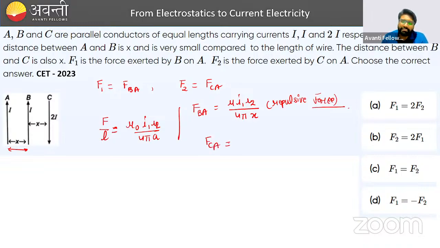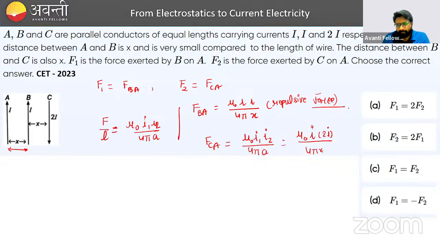This is the force between C and A, wire C and A. Again, it will be mu naught I1 I2 upon 4 pi A. Now let's just put the values. What is the current in A? It is I, and in C also the current is 2I. So here, mu naught into I1, the current in wire A, which is I. Current in wire C is 2I divided by 4 pi into what is the value of A?